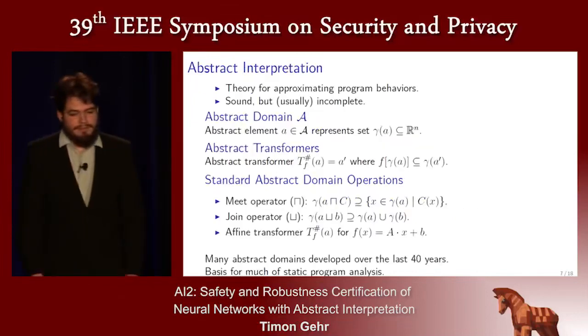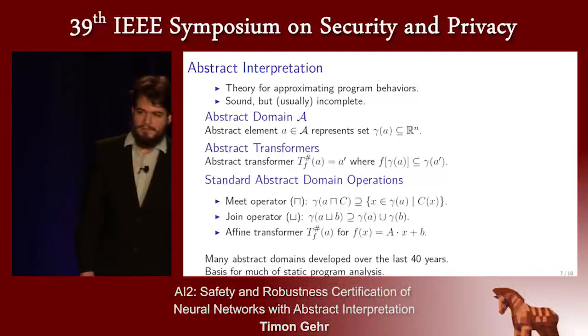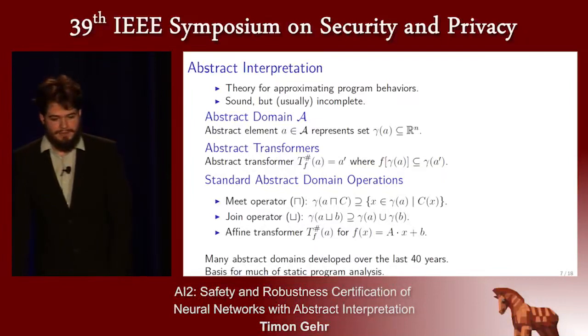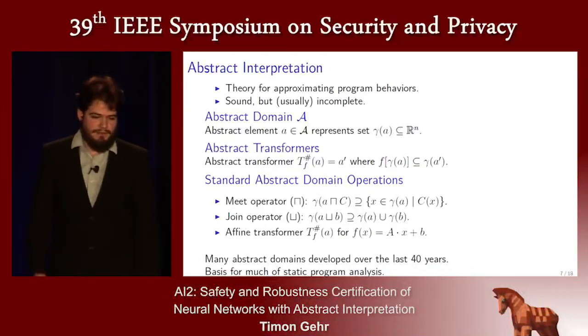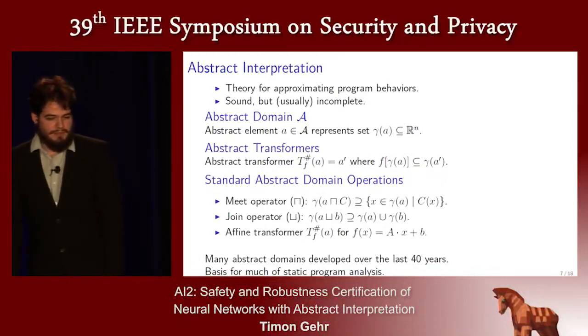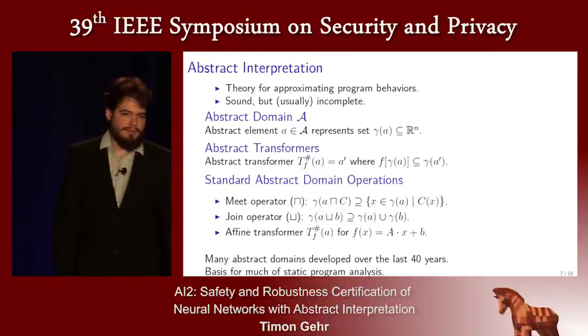It's a theory for approximating program behaviors. We have a program, and now we want to say, well, what can this program do? And we're satisfied if somebody tells us, well, it can do at most this. This means that abstract interpretation is sound, so if it proves something, it holds, but it's incomplete. It usually won't prove everything. The ingredients are: you have some abstract domain, and each element of the abstract domain represents some set, so you can think of some geometric shape.